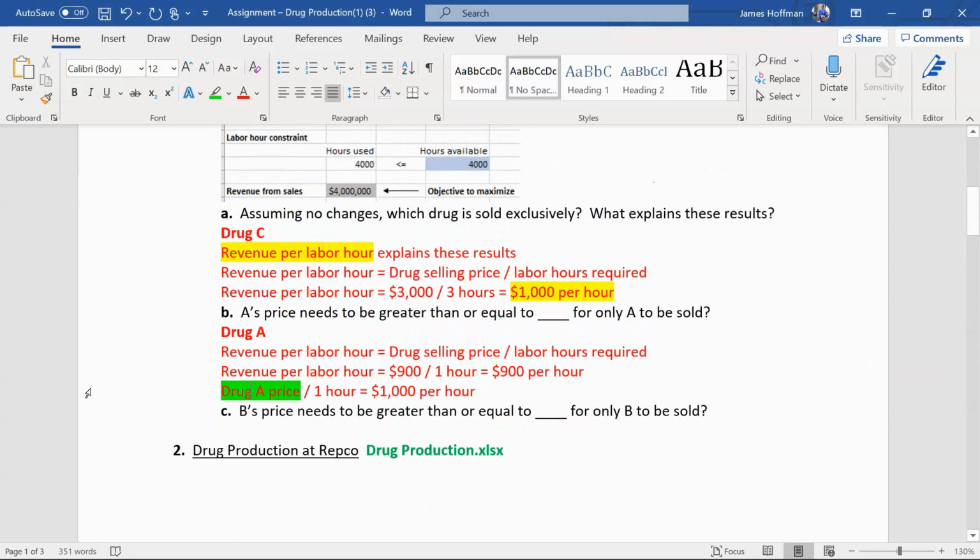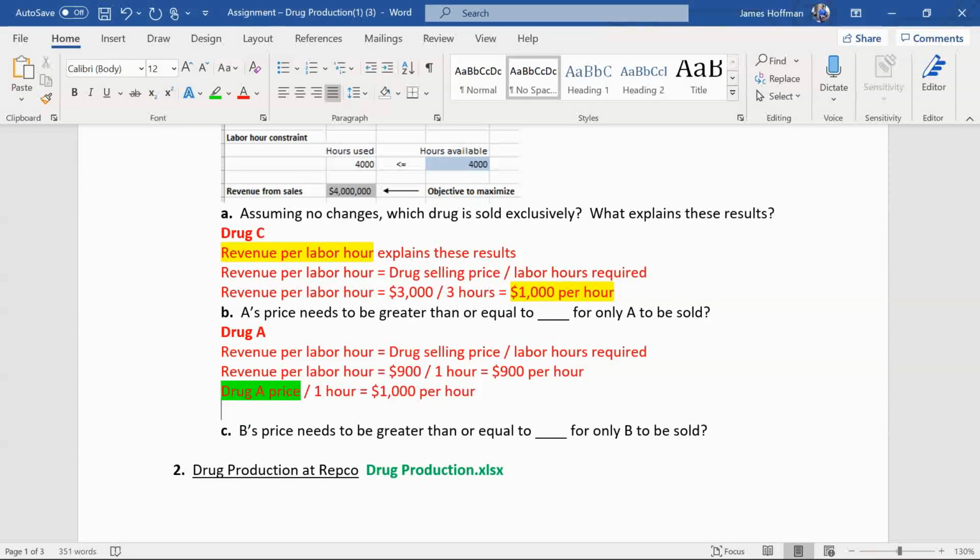So what drug A price divided by 1 hour gives us $1,000 per hour? This one's pretty easy, but what divided by 1 is 1,000? 1,000, right? So you can see that the drug A price of 1,000 is what drug A's price needs to rise to for it to be exactly equal to $1,000 per hour.